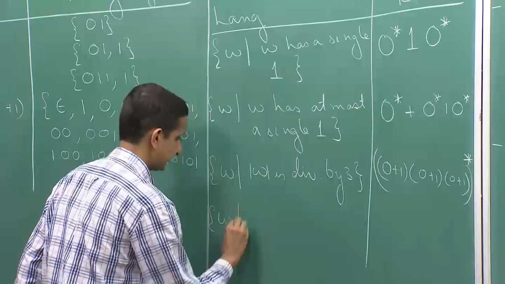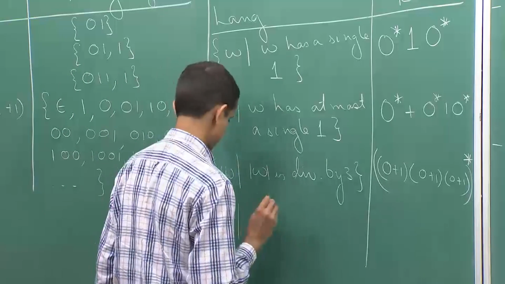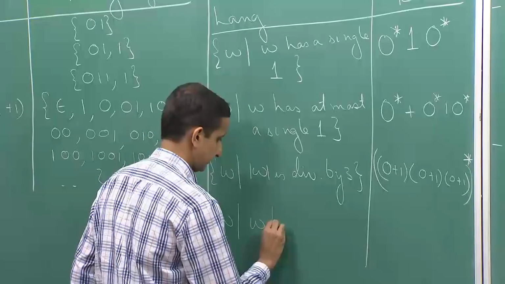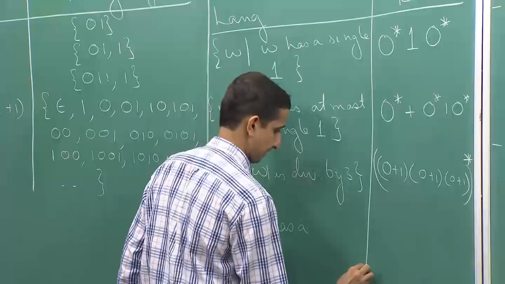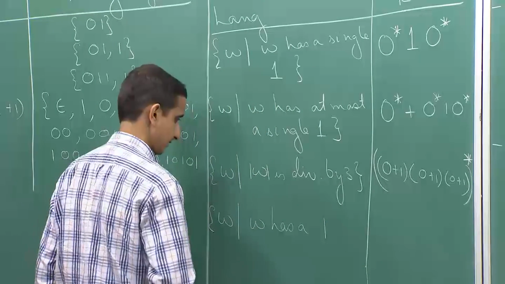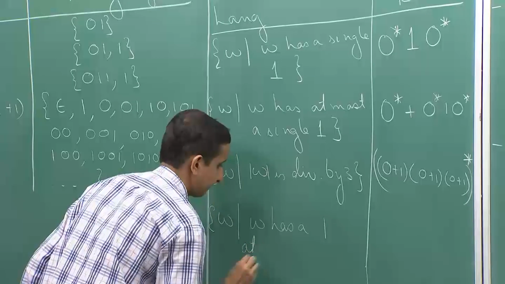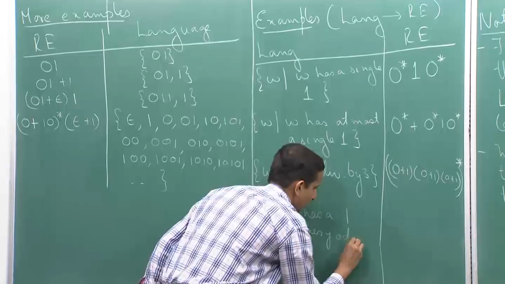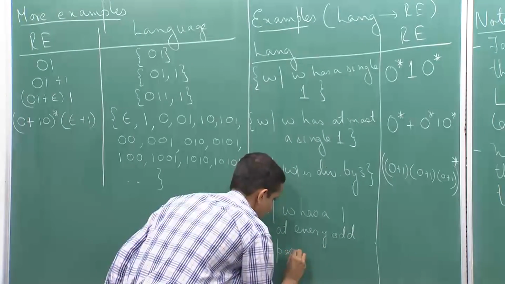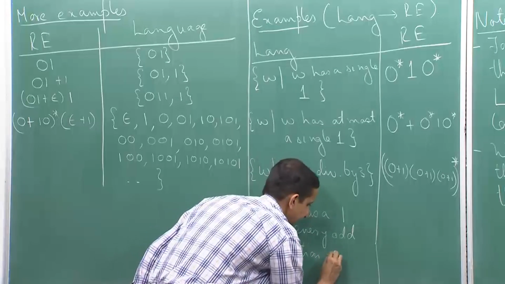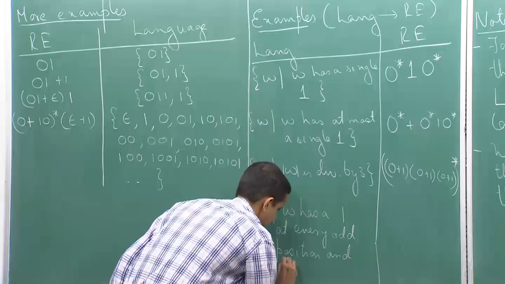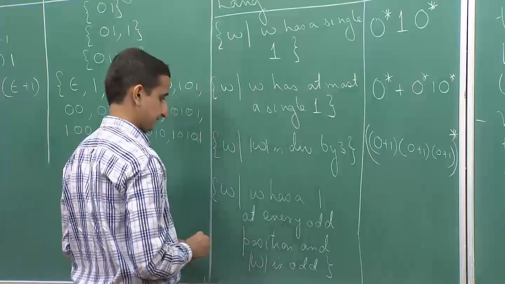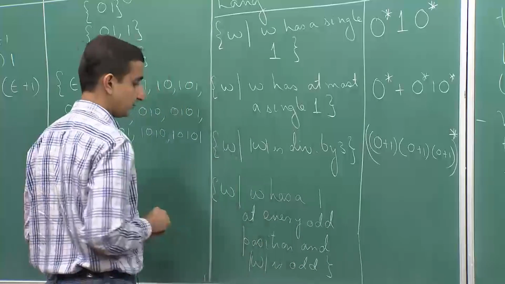Let us say all strings W such that W has a 1 at every odd position, and let us say length of W is odd.